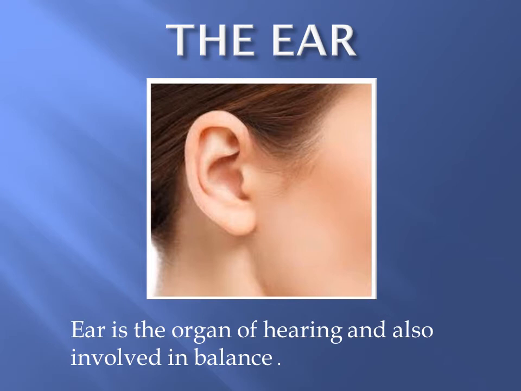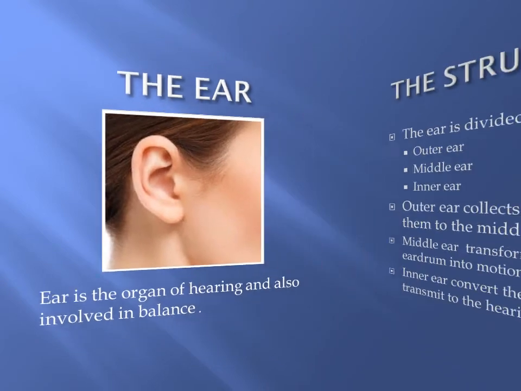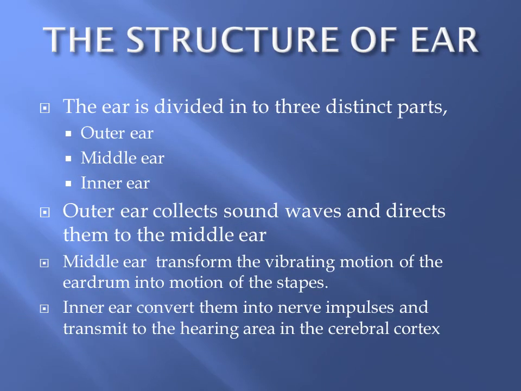Now let us see about the ear. The ear is the organ which is responsible for hearing, and it is also involved in balance. Structure of the ear: the ear is divided into three parts: outer ear, middle ear, and inner ear.